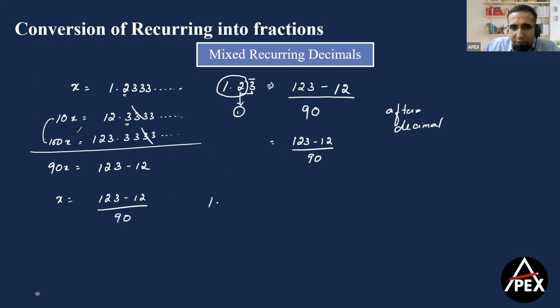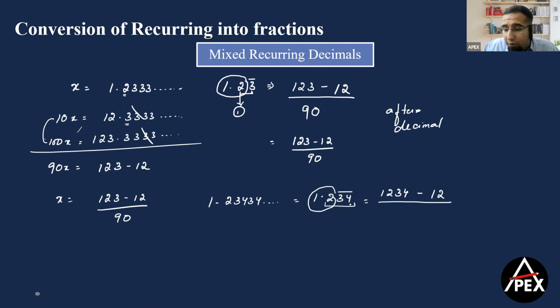Let's take one more example. Suppose I give you 1.2, 34, 34, 34, and so on. So I'll write 1.234 and the bar is on 34. So I write 1234 as a complete number once without decimal and without repetition. Clear? I subtract the portion that is not repeating. So 12 is not repeating. I repeat, forget the decimal here, guys. Now for the denominator, focus on the portion after decimal. How many digits are repeating after decimal? 2 digits are repeating, so I'll write 2 nines.